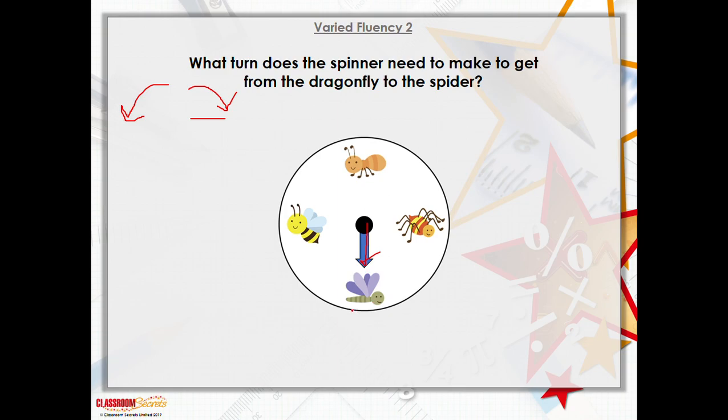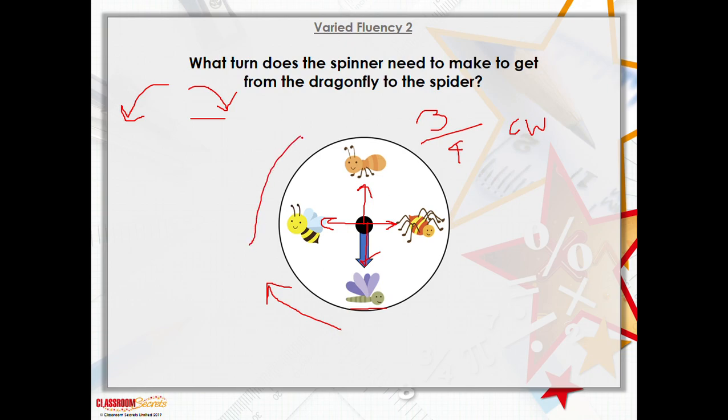To get from the dragonfly all the way round to the spider, if we're going in a clockwise direction, we'll have to move 1/4, 2/4, 3/4. So 3/4 clockwise. I'm just going to put CW for clockwise.